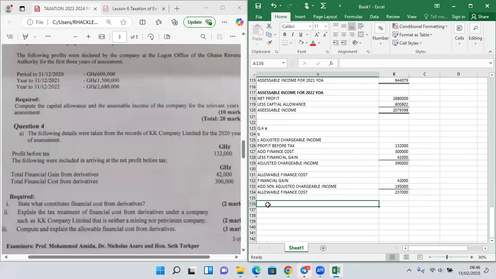And then the excess financial cost is this. Right. So let's see excess. Excess will be equal to this minus this.